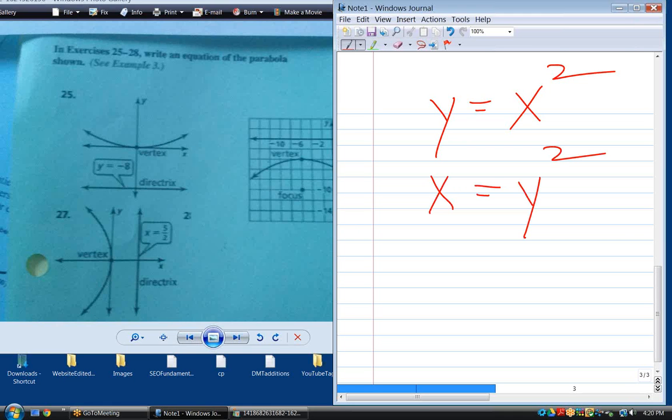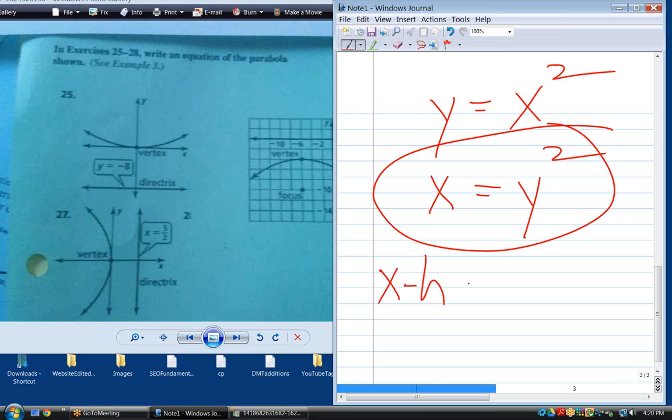It's kind of the inverse. So we don't really know what the general format of that one is. I mean, we do know it's this, but you're not used to this format.